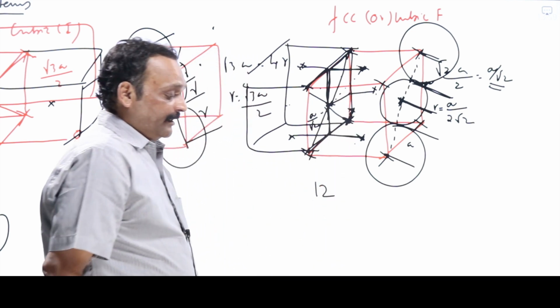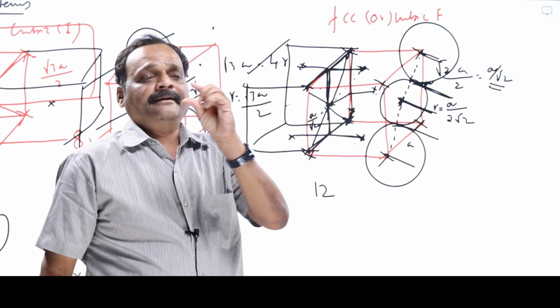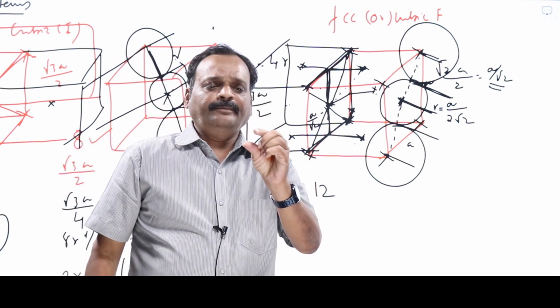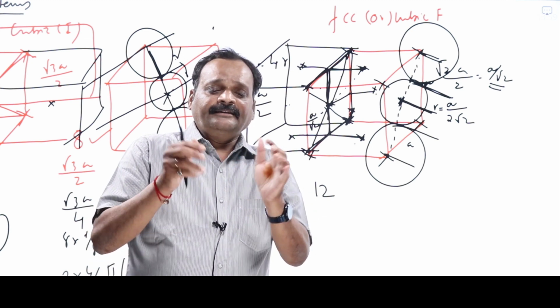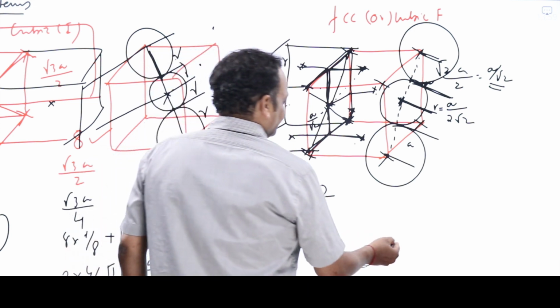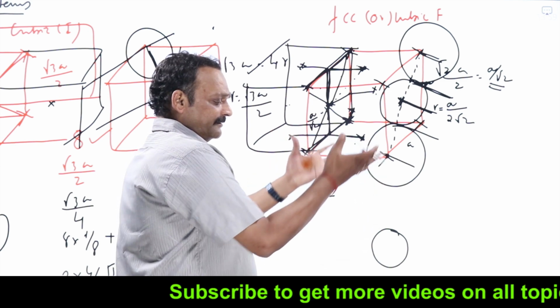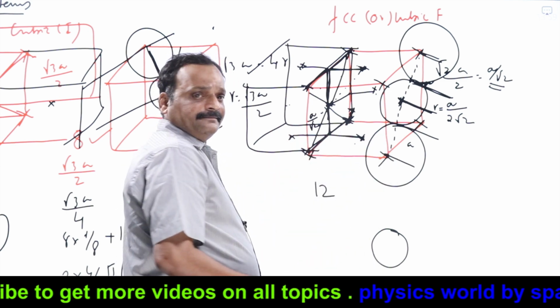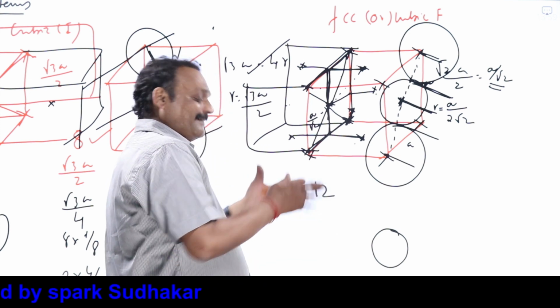Remember, for a circle, I'll give you one coin, some 10 rupee coin or 5 rupee coin. How many coins can you arrange closest such that all coins touch each other? This is a common sense question, which comes in mental reasoning, etc. For one circle, how many circles can be arranged touching it?